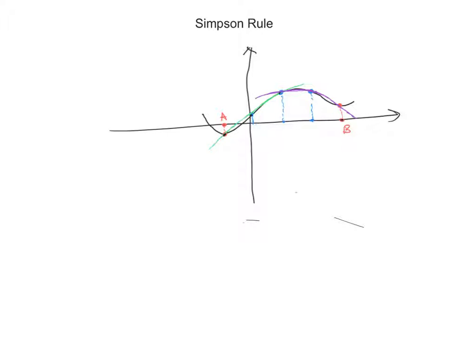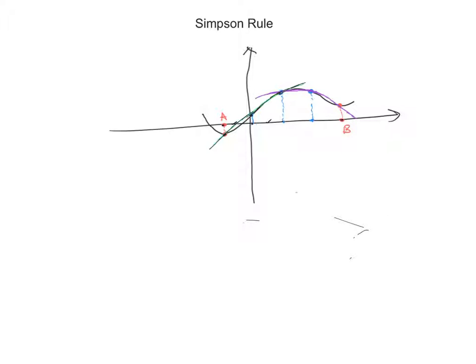So here, for example, we take the first and the second subdivision, so this gives us correspondingly 3 points on the curve, and we use these 3 points to generate a parabola that passes through them.